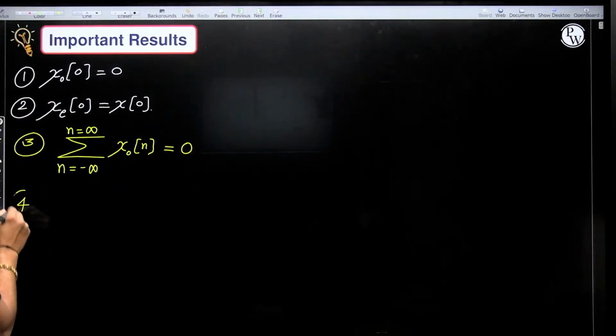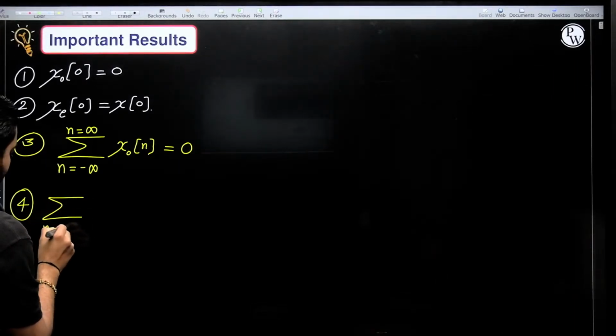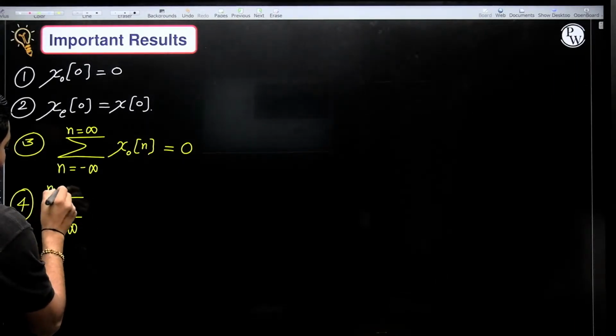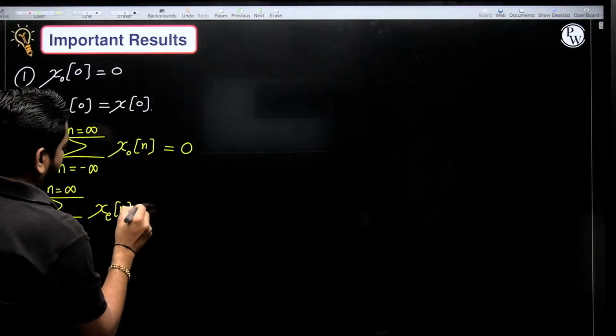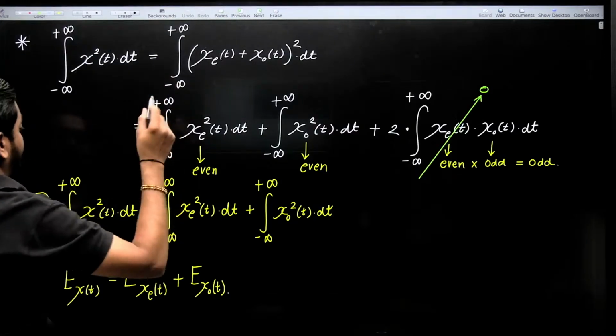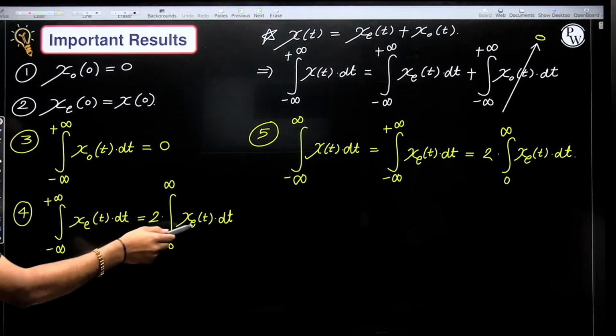And fourth number, I would say very much important. Summation of even signal, n is minus infinite. So even signal, same as the continuous time, there is little change. Here see, in the continuous time, we have seen 2 times integral 0 to infinite x of t dt.